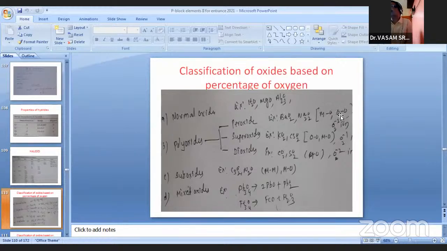The O-O bond is called the peroxy bond. So Na2O2, BaO2, and H2O2 have O-O bond and M-O bond. M means metal, barium, oxygen, and O-O means O-O bond, BaO2, Na2O2.